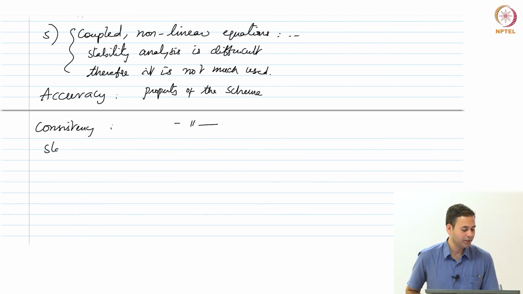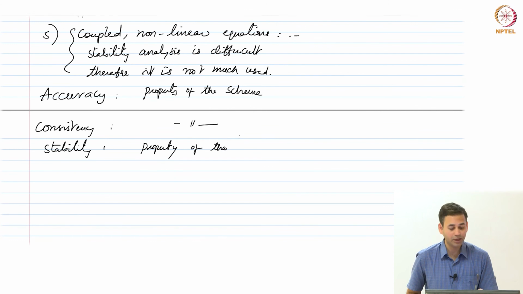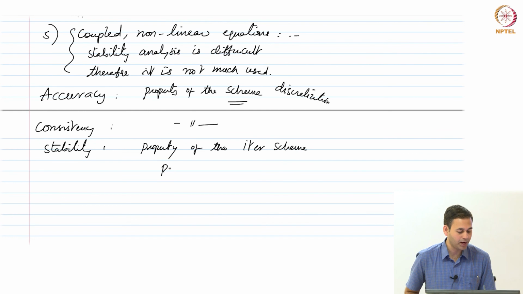What about stability? Stability is a property of the iterative method, not the discretization scheme. So, accuracy and consistency are for the discretization scheme. Stability is a property of the iterative scheme that we use, or basically a path to the solution.